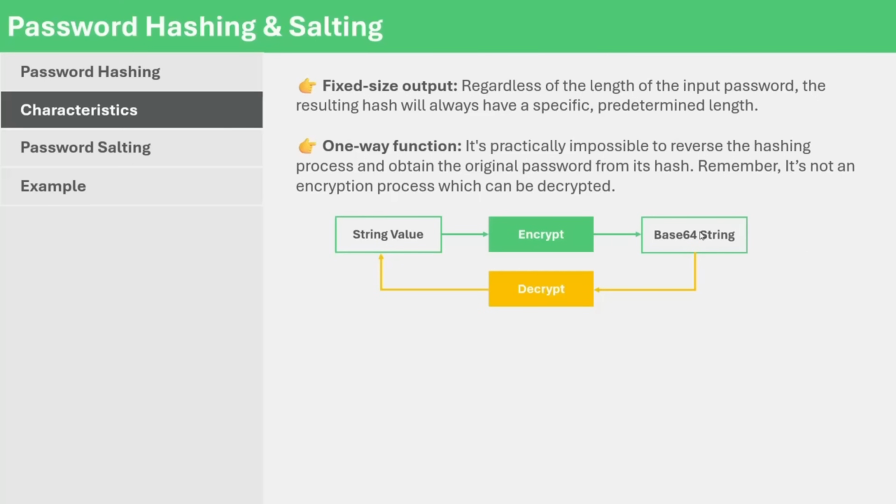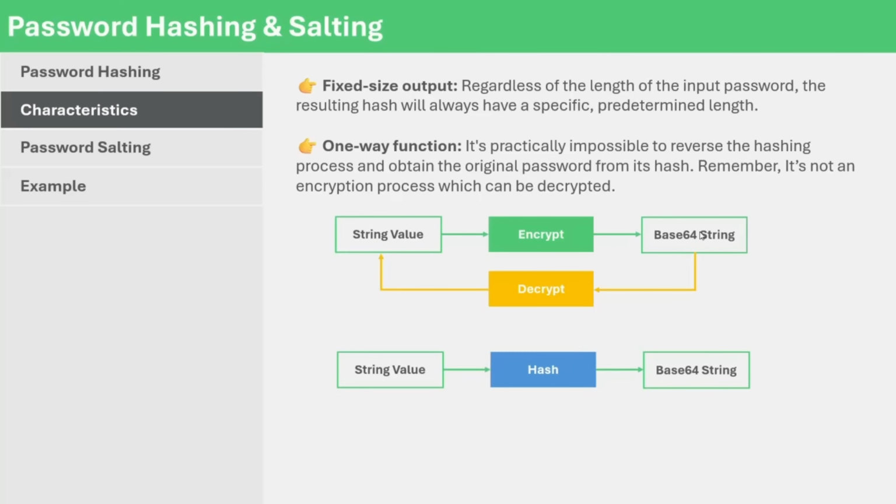But when you hash a password, the hashing algorithm again generates a base 64 string of fixed length, but from that base 64 string, you cannot get back the original value. That is almost impossible. And this is one characteristic which you need to be aware of. Once a value is hashed, it cannot be converted back to its original value.